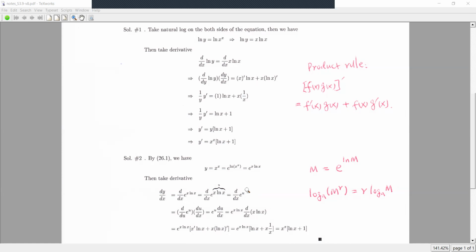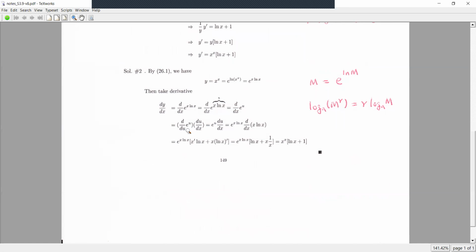By the chain rule, I write this derivative as the product of these two derivatives. Derivative of e to u with respect to u is e to u. Now, plug in x times natural log of x for the u here. Then I have this equation.